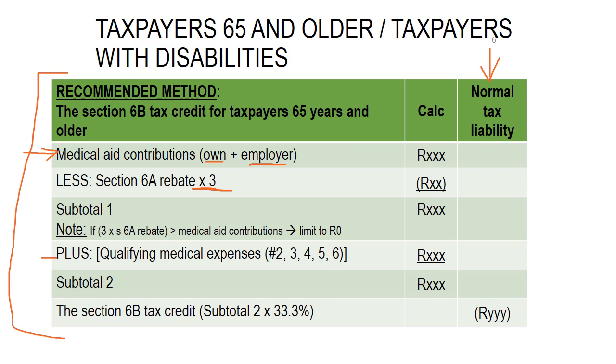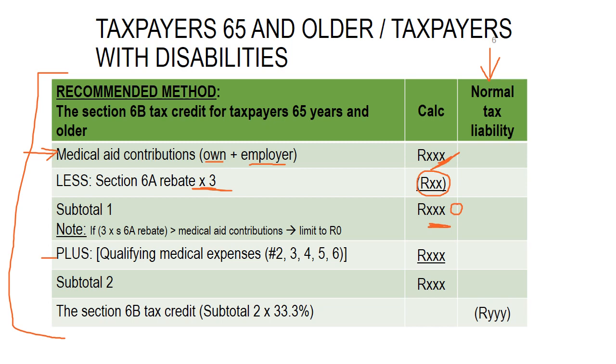Now I just quickly want to make a comment. If this amount exceeds that amount, right, you cannot go into a negative over here. If the 3 times Section 6A rebate calculation is greater than your medical aid contributions, this will move to a 0.